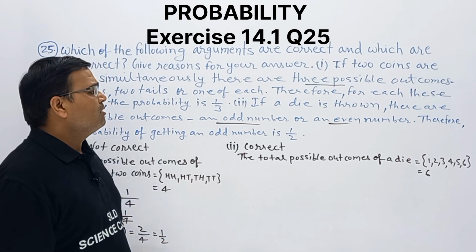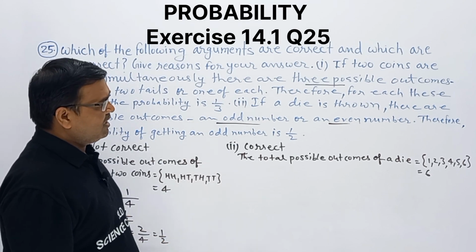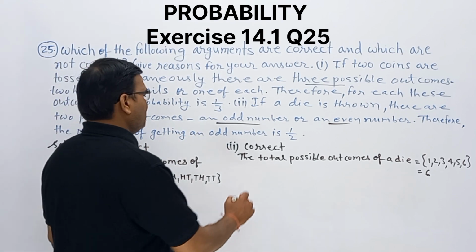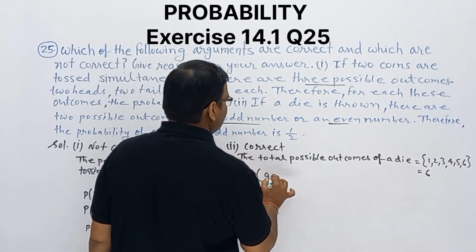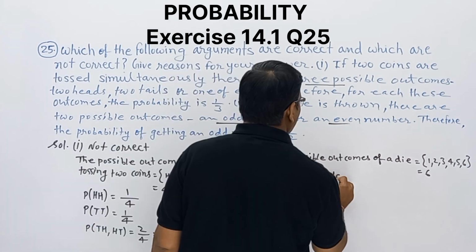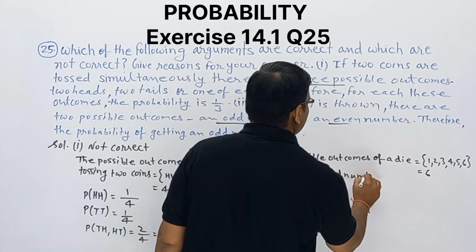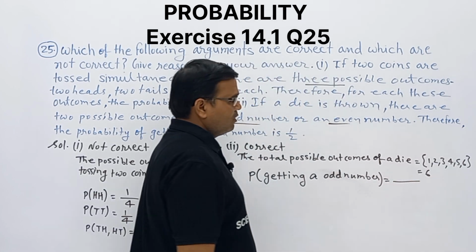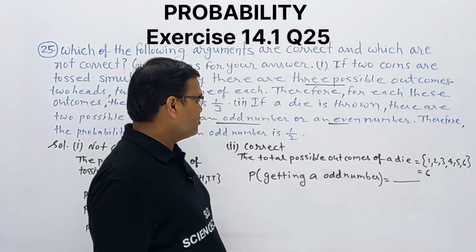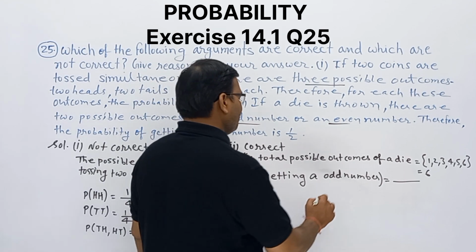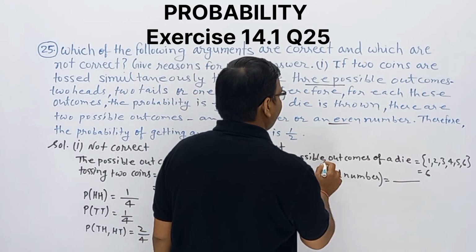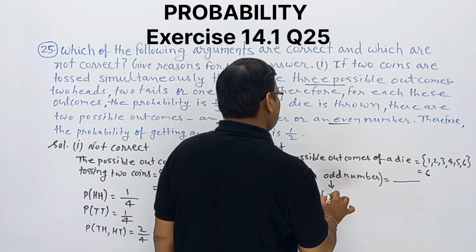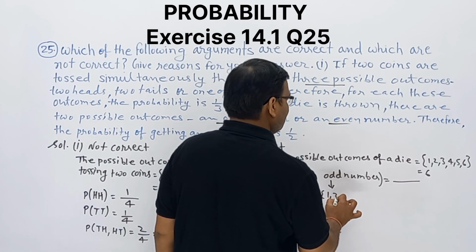So this one is correct. Therefore, the probability of getting an odd number equals number of favorable outcomes divided by total possible outcomes. Once we throw a die, the odd numbers are 1, 3, 5.